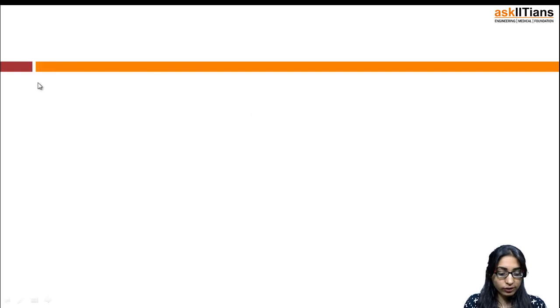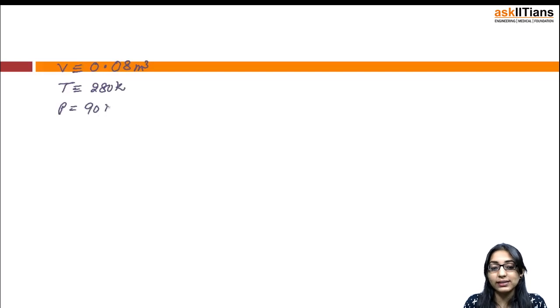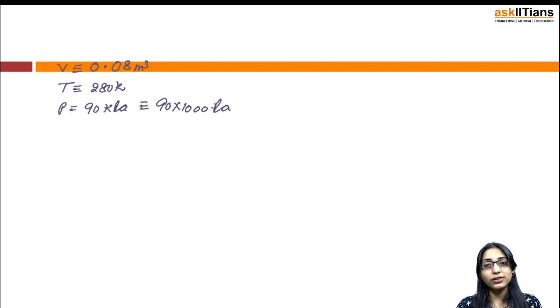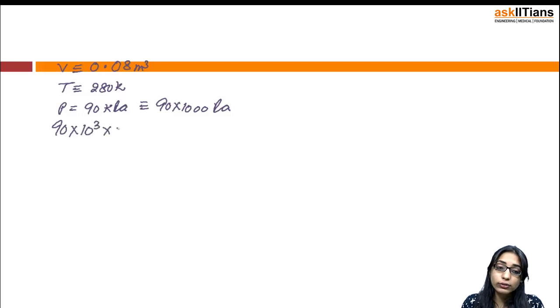Simply, if I ask you to first of all use the values, you will say that the volume is given to be 0.08 meters cube, the temperature is 280 Kelvin, and the pressure is 90 kilopascals. 90 kilopascals is nothing but 90 × 1000 Pascal. So you can very easily write 90 × 10^3 × 0.08 is equal to the given mass divided by molar mass.